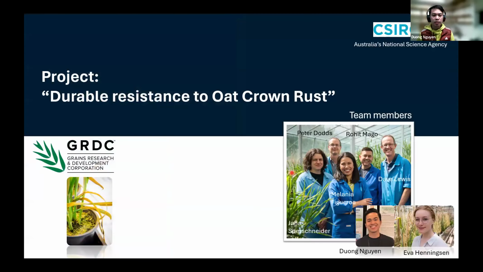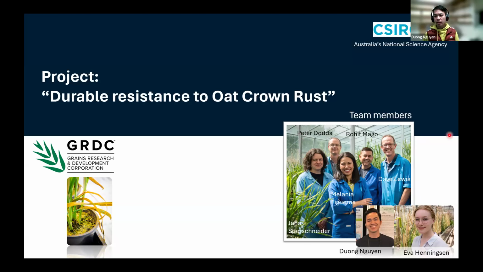Just for the first slide, I would like to introduce the team members working at CSIRO in the project, Durable Resistance to Oat Crown Rust. This project is funded by GRDC with the long-term aim to deliver durable resistance to crown rust in oat. In this project, we are working on both the host and the pathogen aspects.